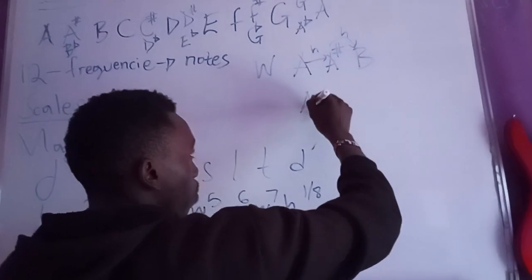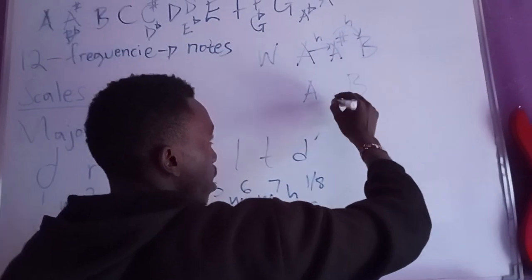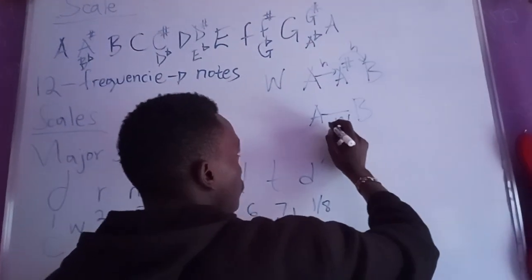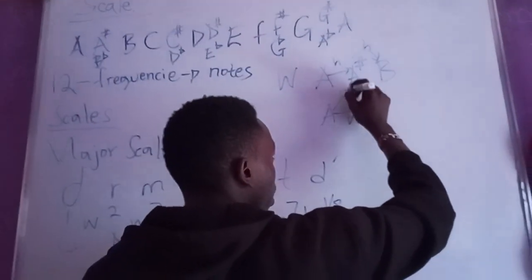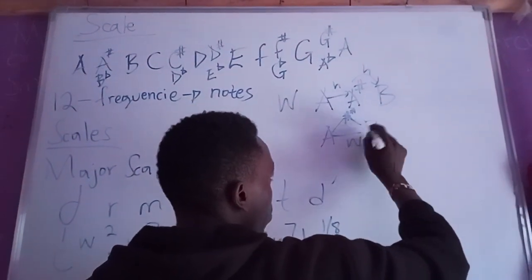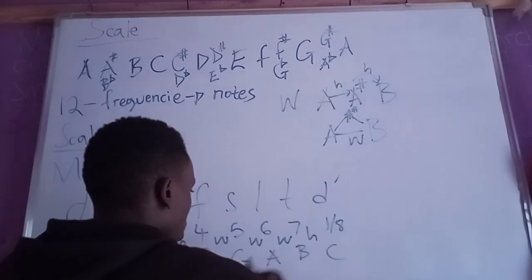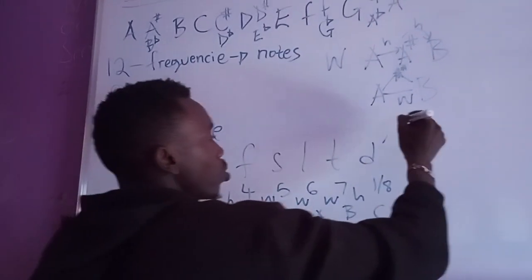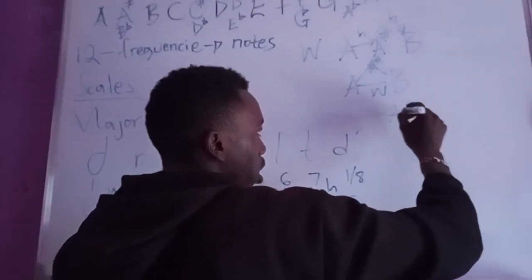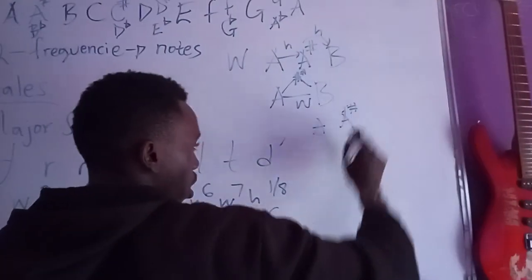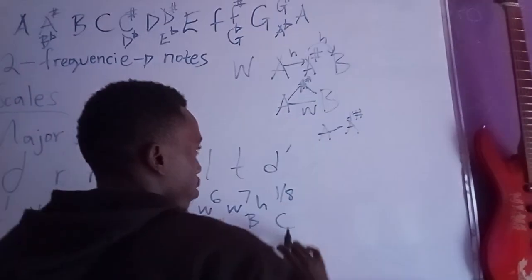If I move from A all the way to B, that means I've gone through a whole step. I've gone first to A sharp, then another half step to B, which translates to a whole step. Now, if I go a half step, that means I am going to go from A to A sharp. This is now a half step.